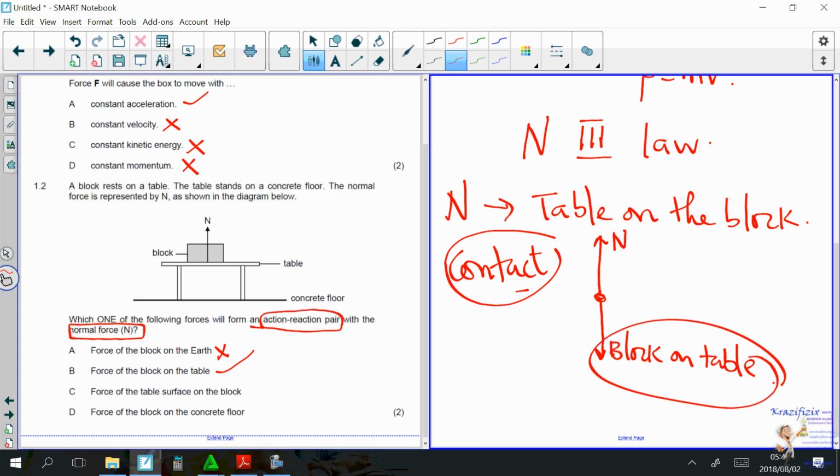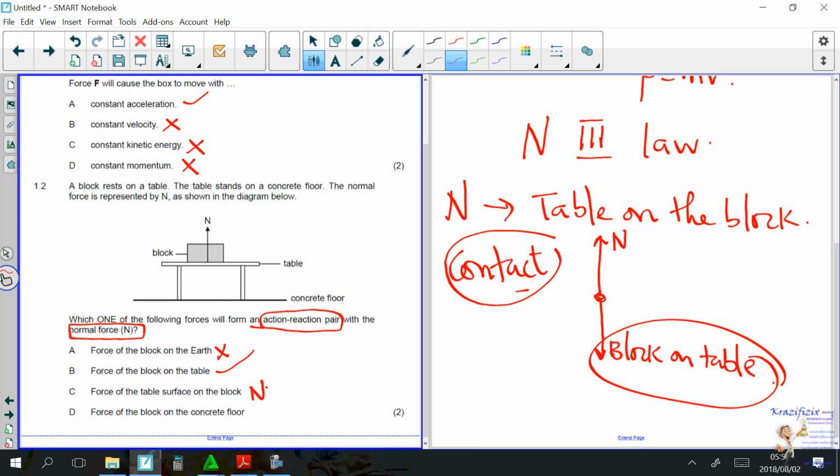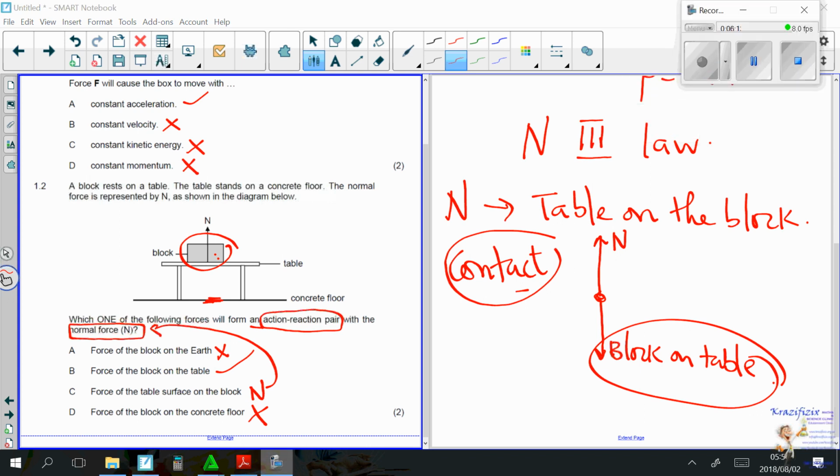Force of table surface on the block is your normal force, and that's what the question is about, so we cannot repeat this. Force of block on the concrete: the block is not on the concrete, so the block is not actually exerting a force on the concrete. So our correct answer is B. We get it, right? Action-reaction pair, Newton's third law of motion.